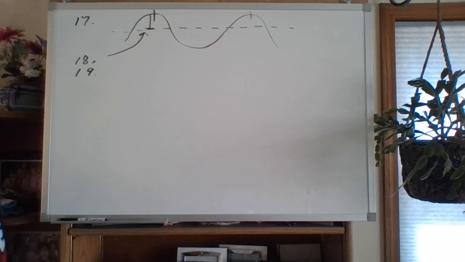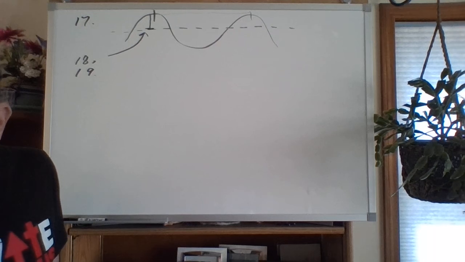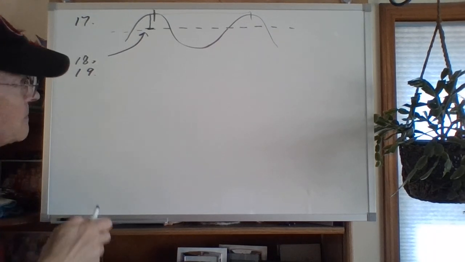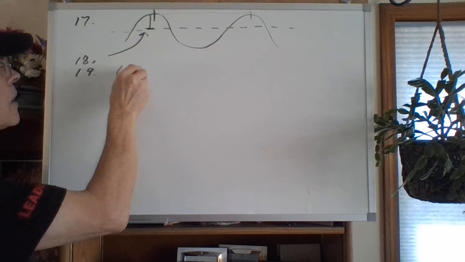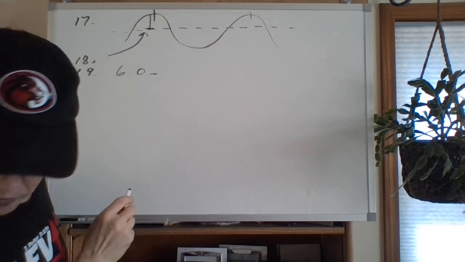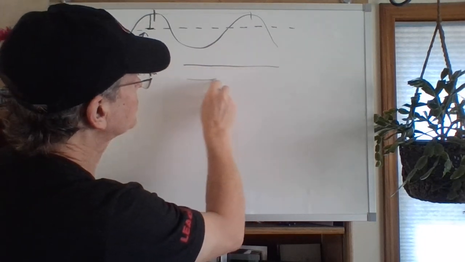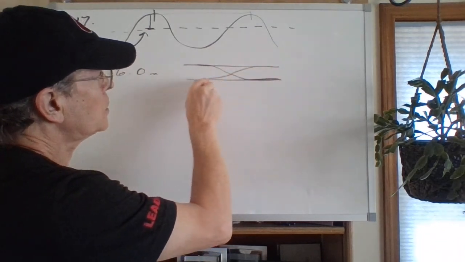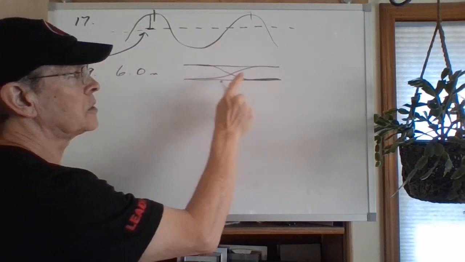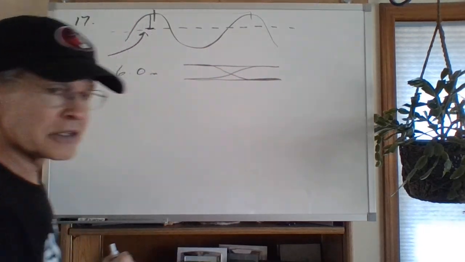And number 19. An exhaust pipe is an open tube 3 meters long. What's the longest wavelength that it will produce? Well, it would produce a wave twice that long, because if it's an open tube, if you remember, open tubes produce an antinode at both ends, and an antinode to a node is a fourth of a wavelength, to the next antinode is half a wavelength.